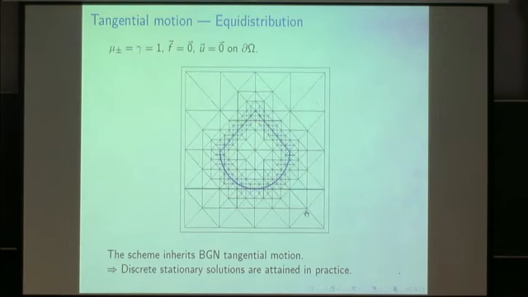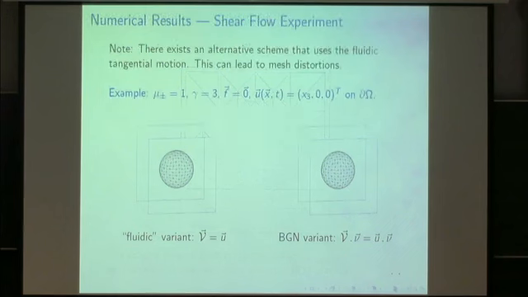And just to contrast that with a different possible approximation, I talked about discretizing this identity for the surface Laplacian of the identity in terms of a curvature vector. If you do that, you recover this so-called fluidic variant, where you prescribe the velocity of the interface in both normal and tangential direction. This is different from what I've discussed so far, where you only update the normal part of the velocity. So I'll show you now what happens if you take the full velocity.